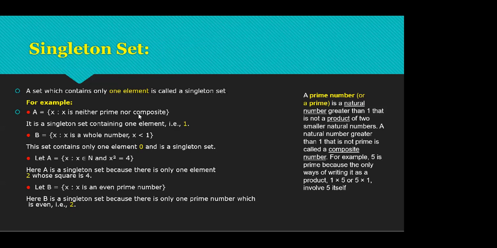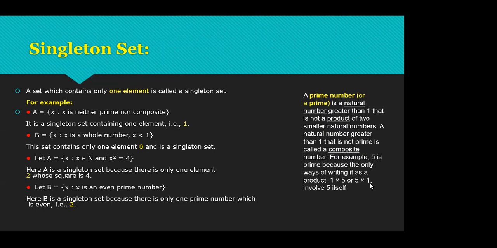So what is a prime number? A prime number is a natural number greater than 1 that is not a product of two smaller natural numbers. A natural number greater than 1 that is not prime is called a composite number. For example, 5 is a prime because the only way of writing it is as a product 1 times 5 or 5 times 1, which involves 5 itself.